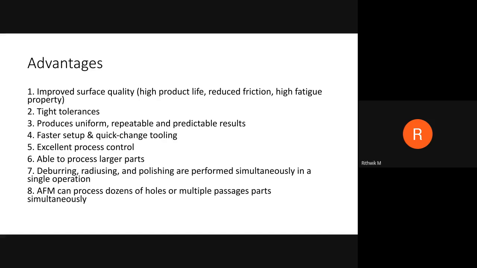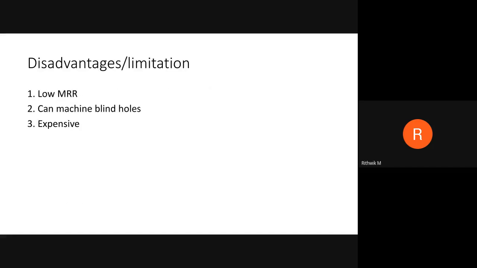Now we'll see the disadvantages. Some disadvantages or limitations are there. First of all, low MRR, the material removal rate, will be low. Then it can machine blind holes. Since this whole machining operation is conducted using abrasive particles or the erosion of the abrasive particles, there is a tendency to machine blind holes.